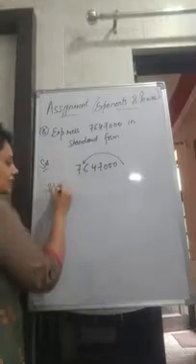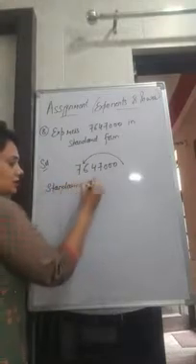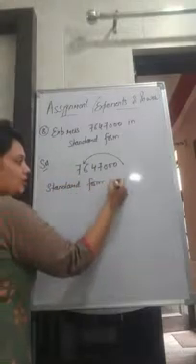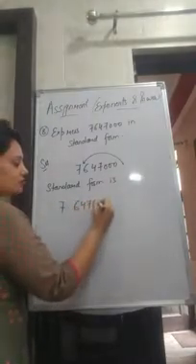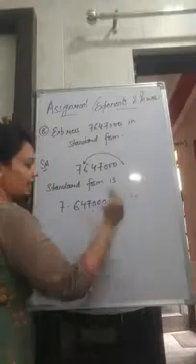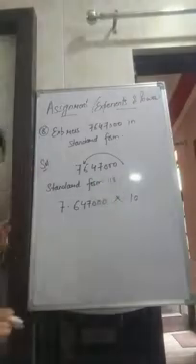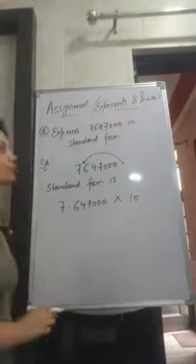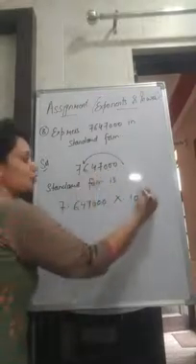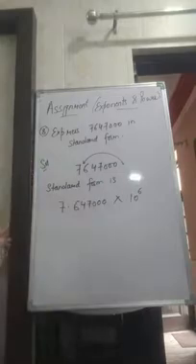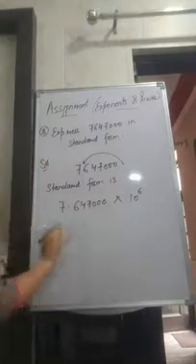So the standard form is 7.647000 multiplied by 10. Now what will be the power of 10? As many digits as we have shifted the decimal: 1, 2, 3, 4, 5, 6. So it will be 10 to the power 6. This is the standard form.